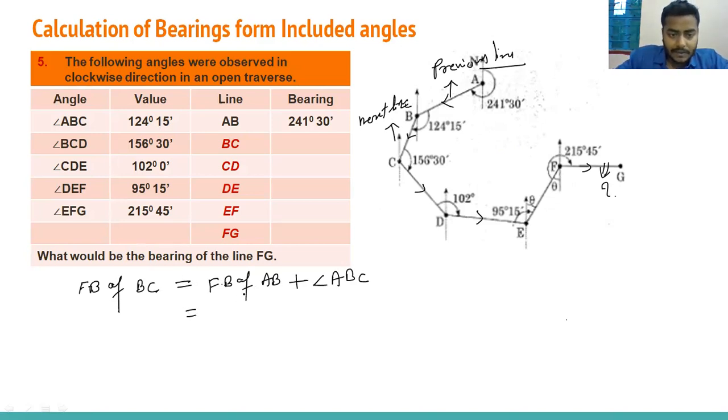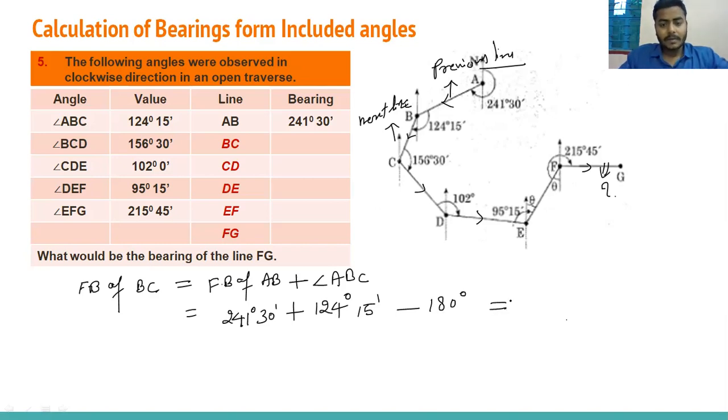So first, calculate. The forebearing of the line given is 241 degree 30 minute, plus the included angle, that is given, 124 degree 15 minute. Obviously it is greater than 180 degrees and less than 540 degrees, so we will deduct 180 degrees directly.